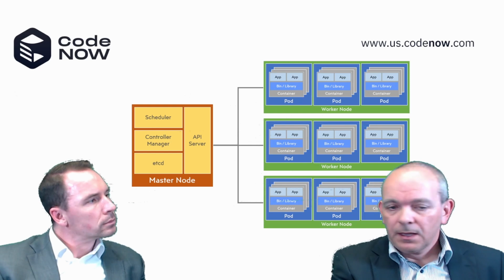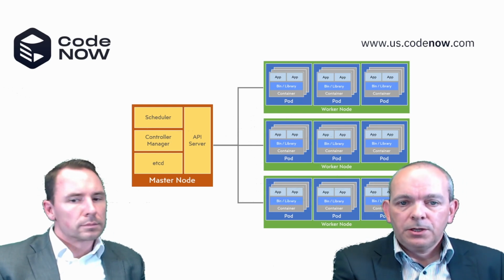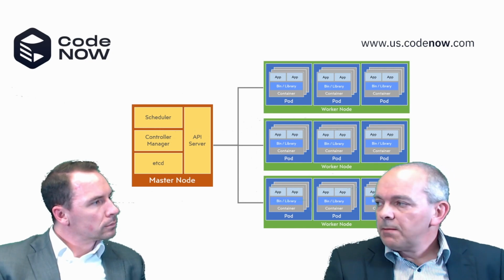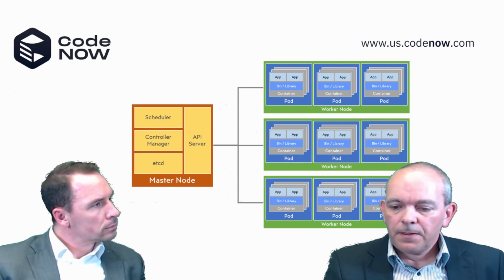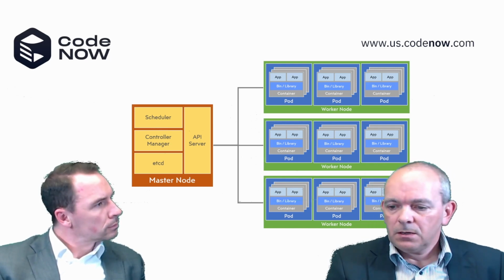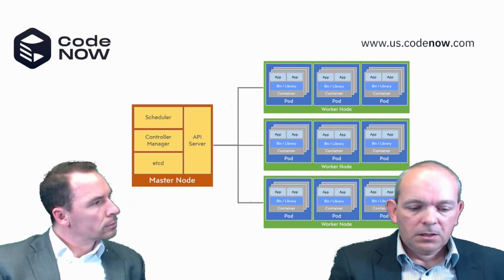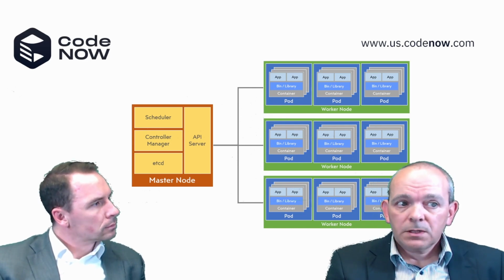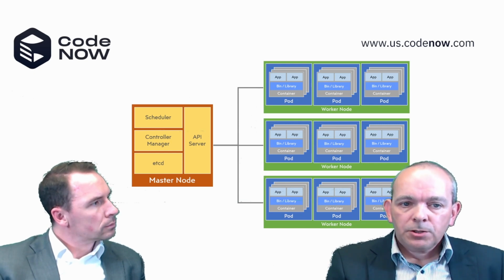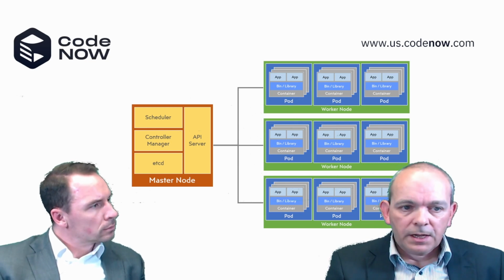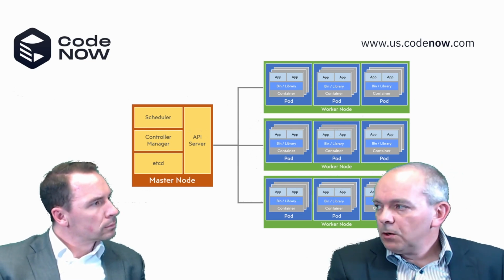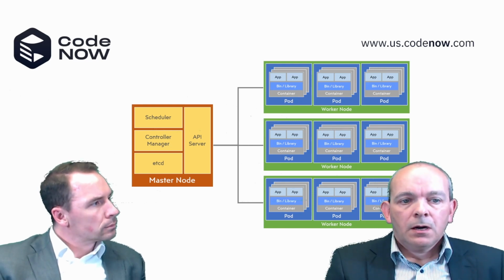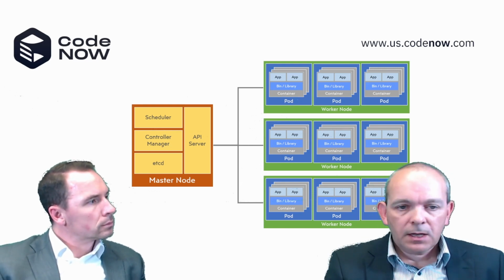But that's not everything. There are more things which Kubernetes will manage, for example automated rollouts and rollbacks. Let's say you have an application running already in your Kubernetes cluster, everything is fine, but one day you come with a new version of the application because you need a new business feature. You come with a new version of the container, of the pod, and Kubernetes will manage the deployment of the new version of that container, which means deployment of the new container and removal of the existing one in a very controlled way, including adaptation of all resources and stuff around.